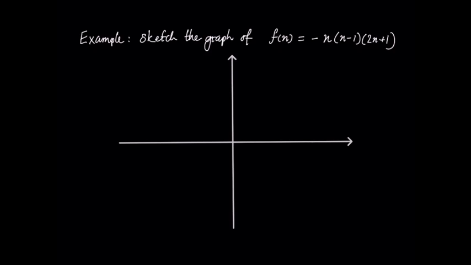And we've got the function f of x is equal to minus x multiplied by x minus 1 and 2x plus 1. The first thing to note about this, which is going to be a little bit different to the animations that we looked at just now, is that our coefficient of x cubed is going to be negative.